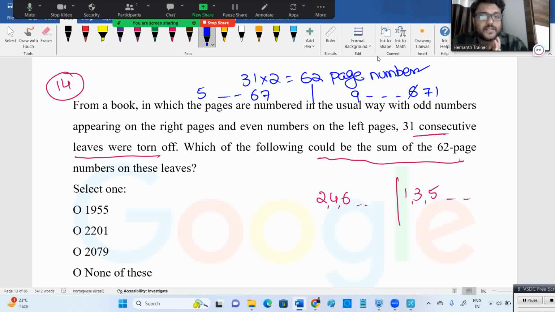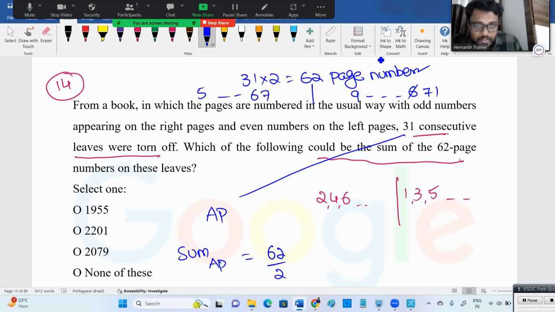The number of page numbers is 62. So the sum, they are definitely taken consecutively. This is an AP. The sum of terms in an AP is the number of terms, so 62 divided by 2, into the first page they removed. Let it be A. The first page will be A. Next, if 5 then next 6, A plus 1, like that.